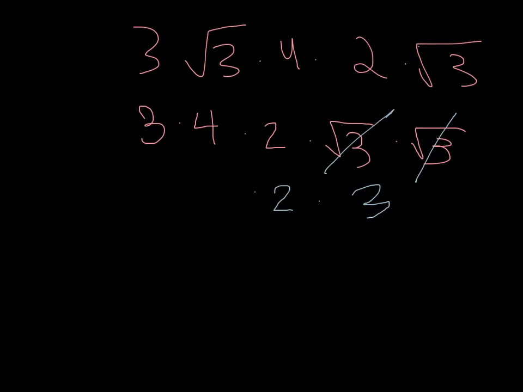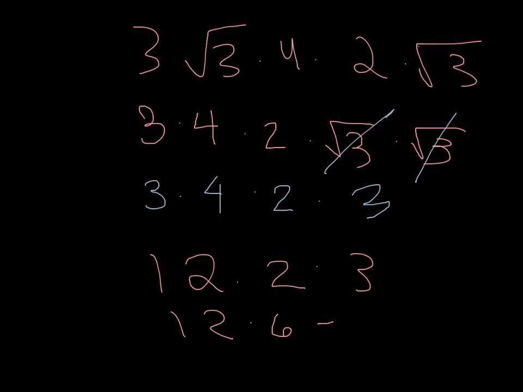So let's take all this other stuff and bring it down. And we get 3 times 4 times 2 times 3. So we know that 3 times 4 is 12, and that 2 times 3 is 6. So we get 72. So our answer is 72.